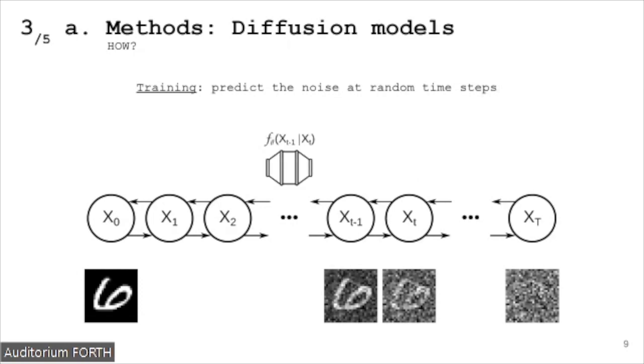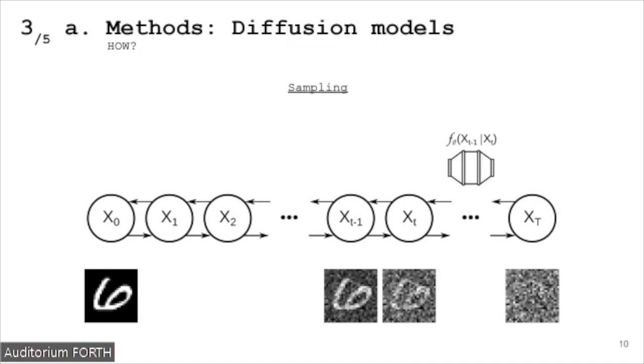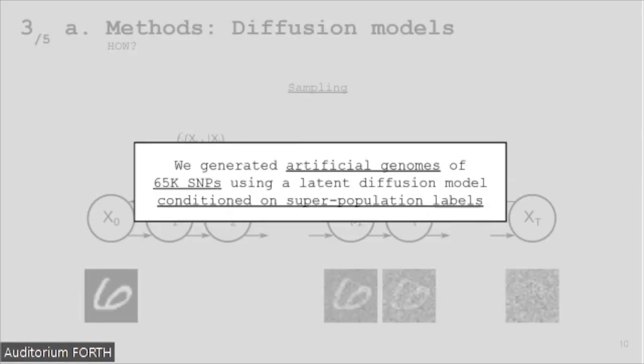Concretely, it's going to predict the noise that was inside the noisy sample. Once you have your neural network trained, you can just sample some random noise and denoise it bit by bit by going through the whole chain. And so we use this model to generate artificial genomes. We generated 65,000 SNPs using this particular diffusion model, which was also conditioned on the superpopulation labels.